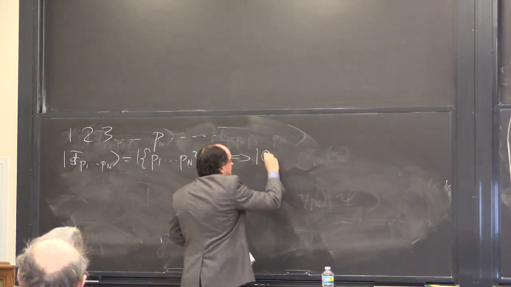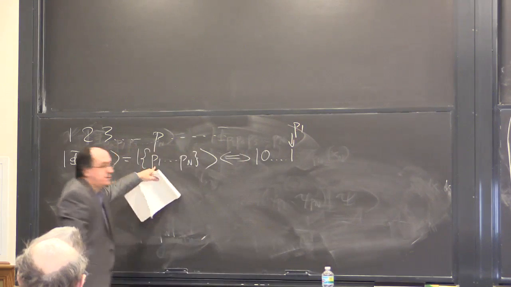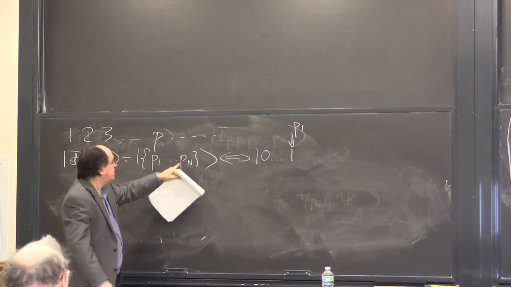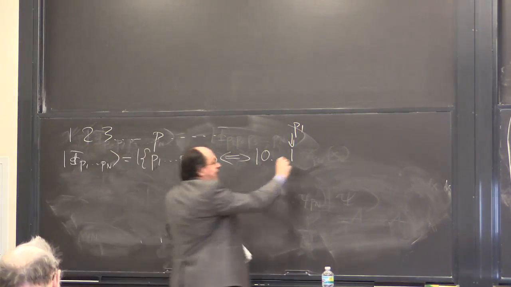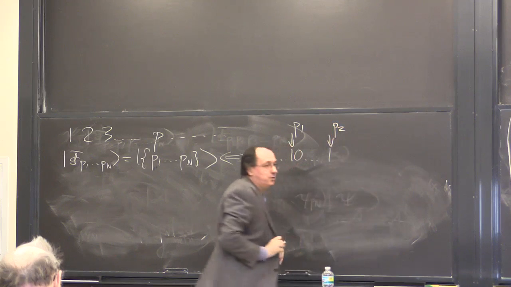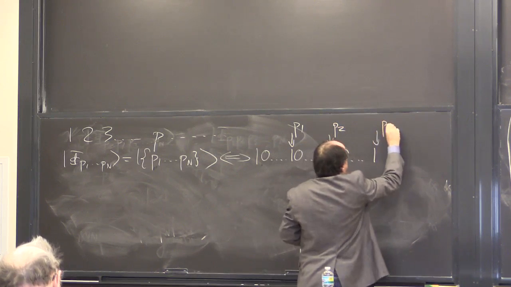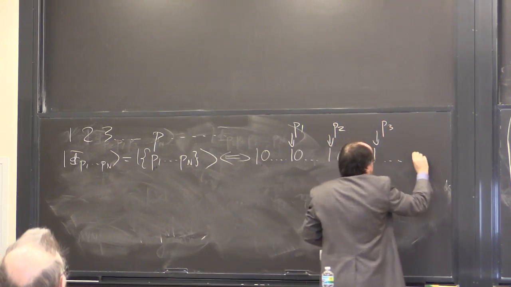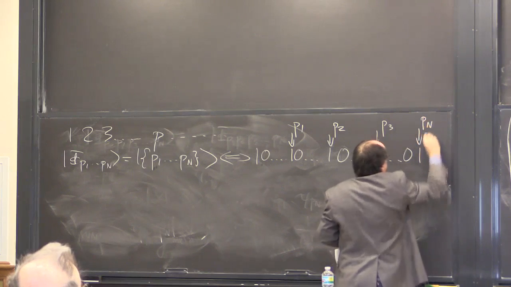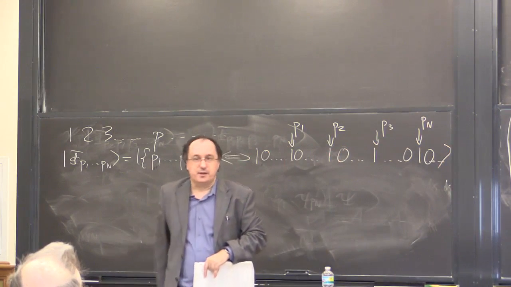I have, say, 0, and at some point I have 1 in a position P1, because that spin orbital is occupied. Of course, it could be leftmost, but let's just be a little bit general. Then you have again some zeros maybe. Then you get 1 in location P2. Then you have a bunch of zeros. Then you have 1 in P3. And in general, you're going to have maybe some zeros in between. Pn there, and of course the rest will be zeros, because Pn is your last occupied.